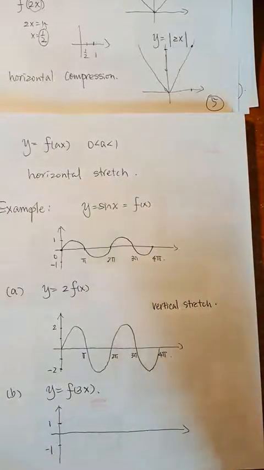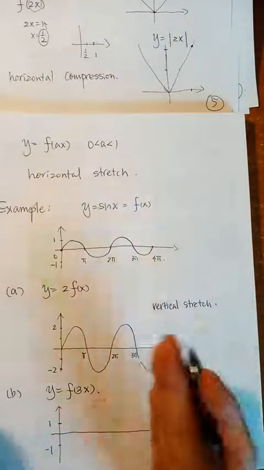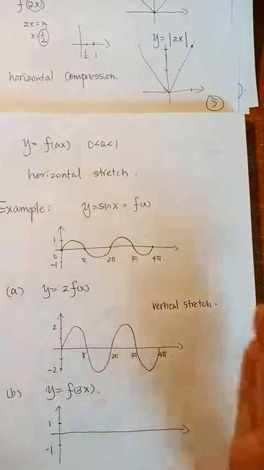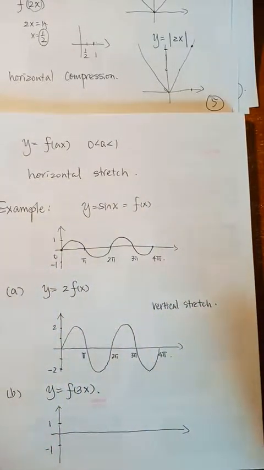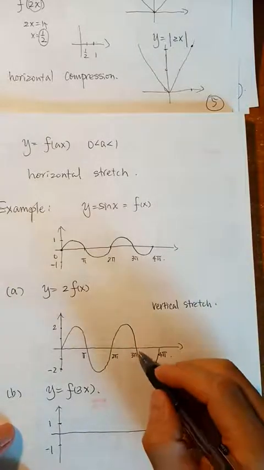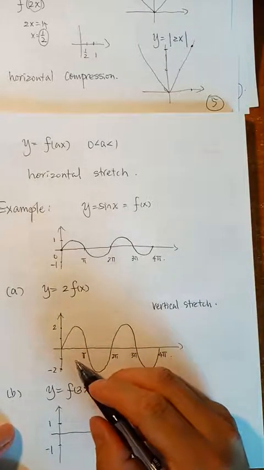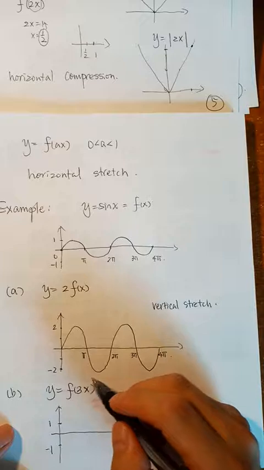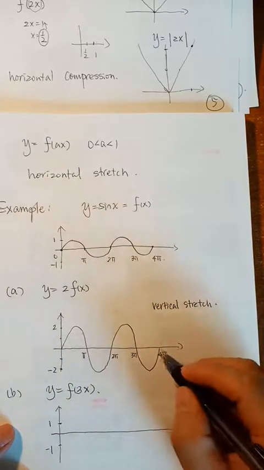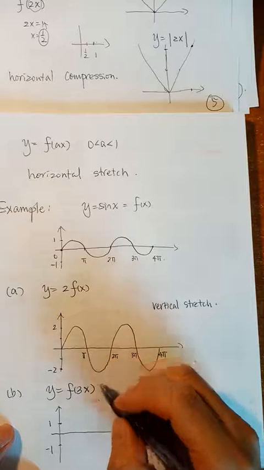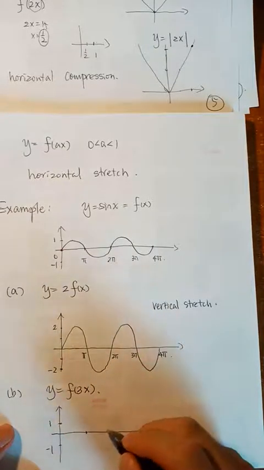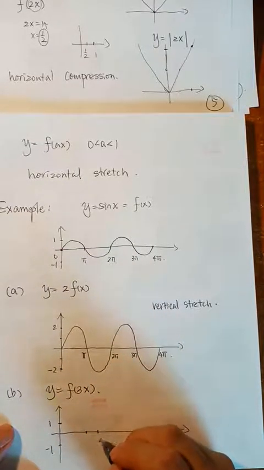And you compress it, because here the 3 is greater than 1. You compress it along the x direction. So pi becomes pi over 3, 2 pi becomes 2 pi over 3, and 4 pi becomes 4 pi over 3. This is 4 pi over 3.